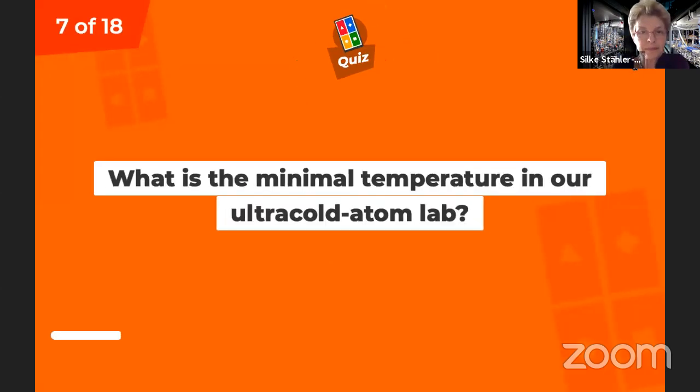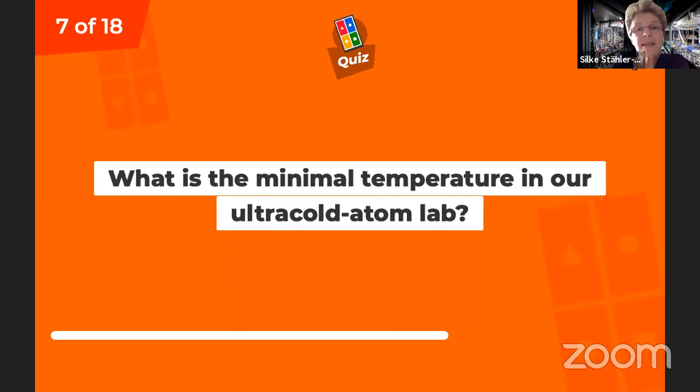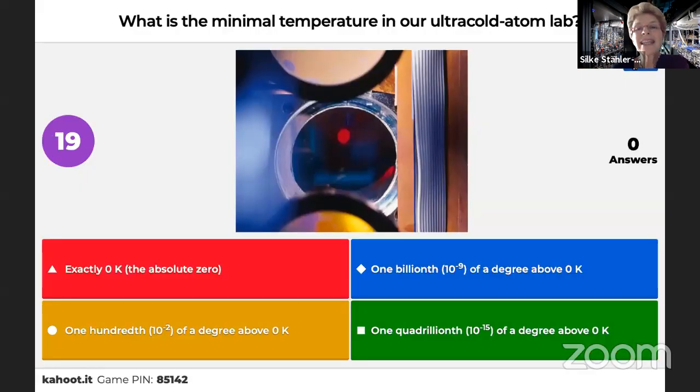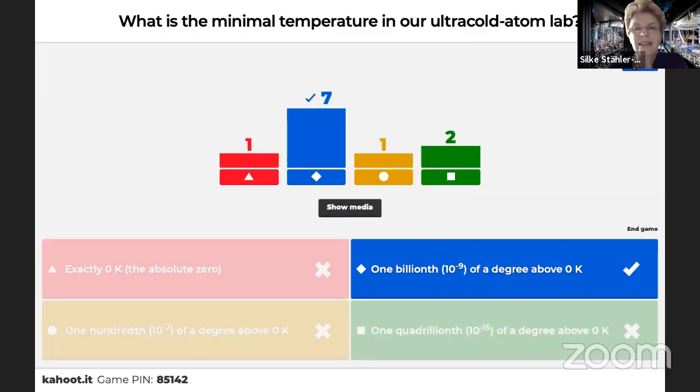Now, question 7. What is the minimal temperature in our ultra-cold-atom lab? This was the lab tour of last week. So the right answer was hit by 7 people.